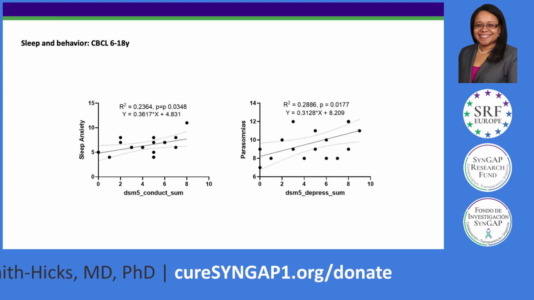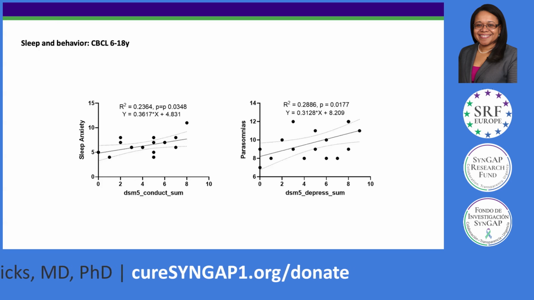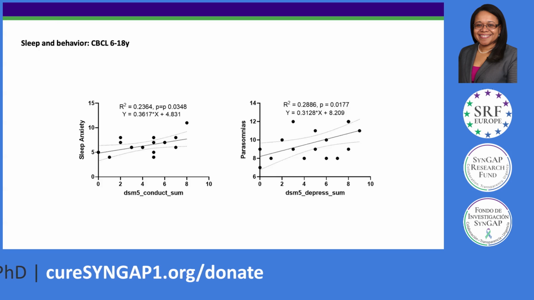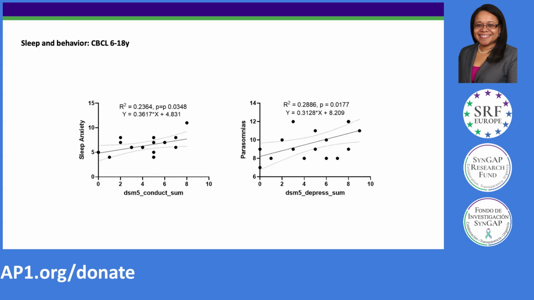So when we looked at the 6 to 18 age group, so the school age group, what we're seeing here is that higher scores on conduct disorder predicts higher sleep anxiety, and a higher score on depression predicts parasomnias.